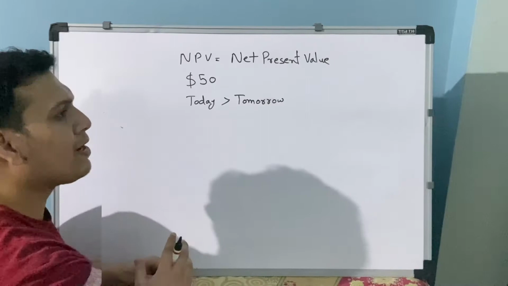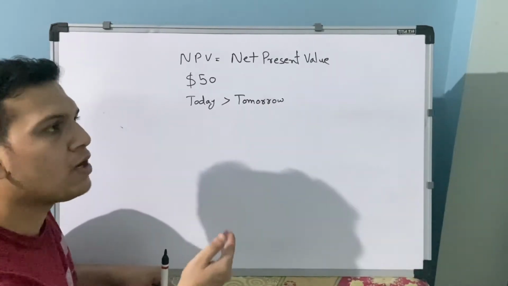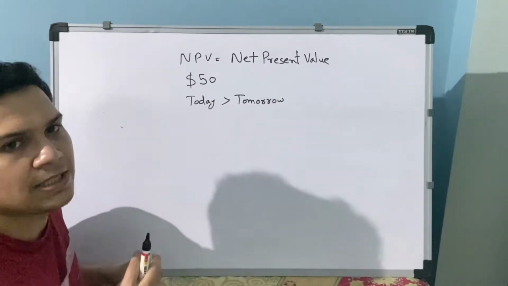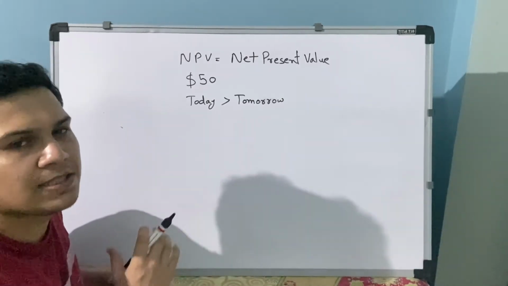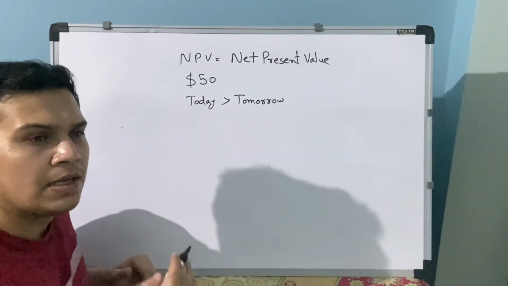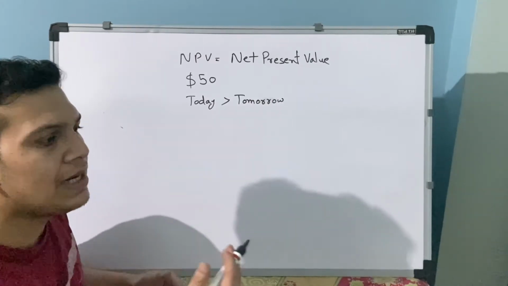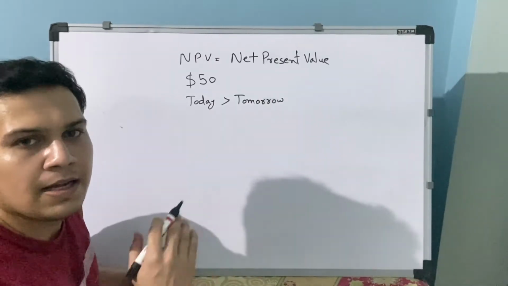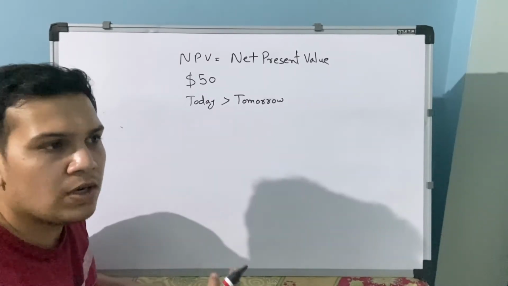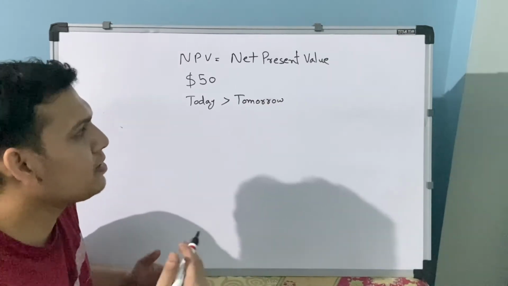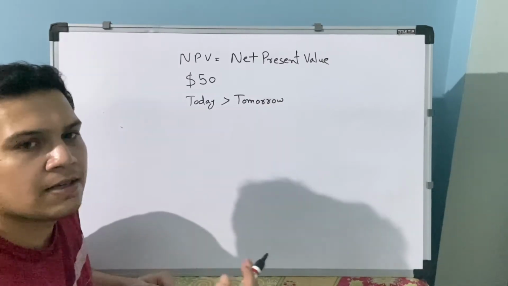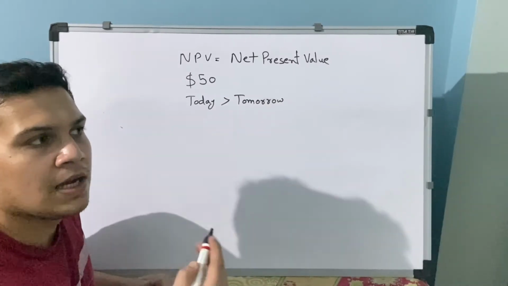That's why we need to discount future cash flow by a rate, so that we can come to a present value, and the sum of all those present values is called net present value. If we go for a project, we are going to have multiple cash flows. Initially I pay an amount for starting the project, that is the CF0, the initial cash flow, which is negative, and then I will get the income year on year.